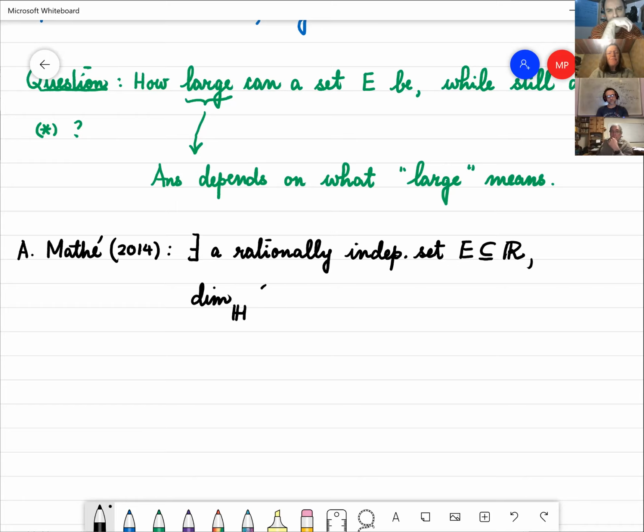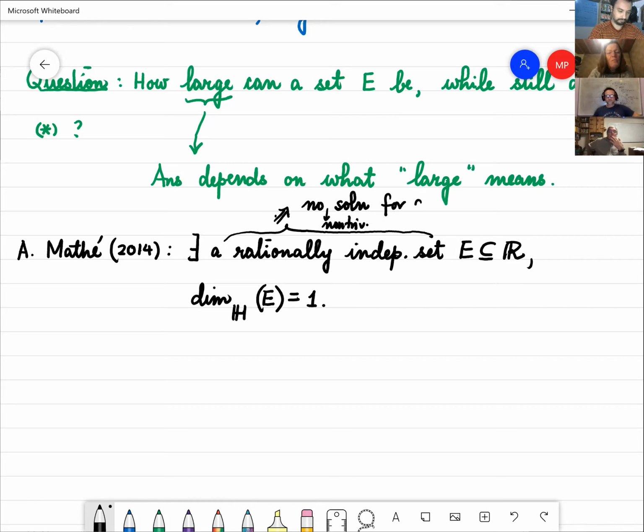Rationally independent means that you cannot have any kind of non-trivial linear relationship among the elements of E with rational coefficients. In particular, what this means is that you cannot find any non-trivial solution of any equation of the form star. I keep skipping the word non-trivial, but that's always implicit.